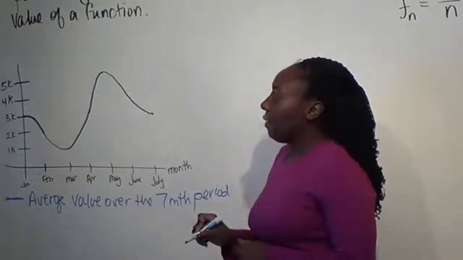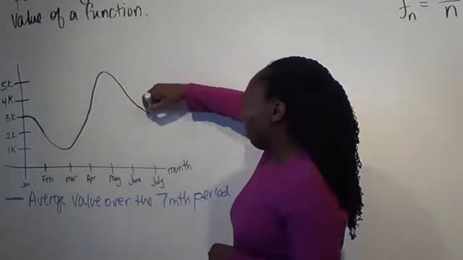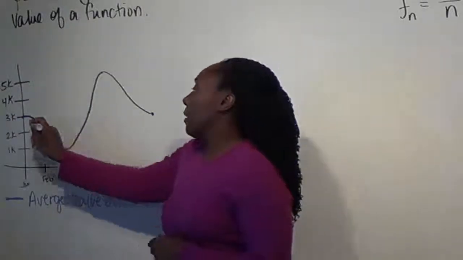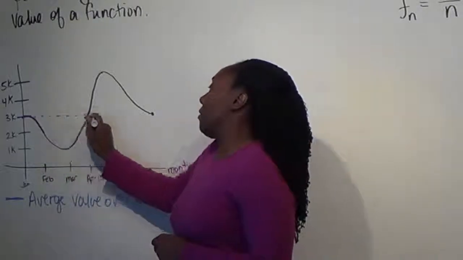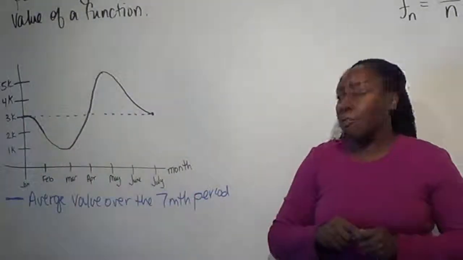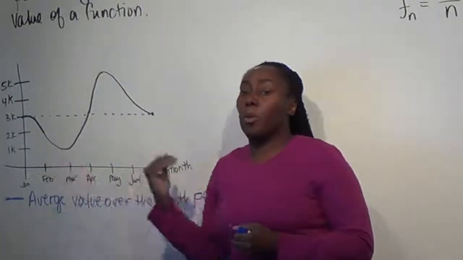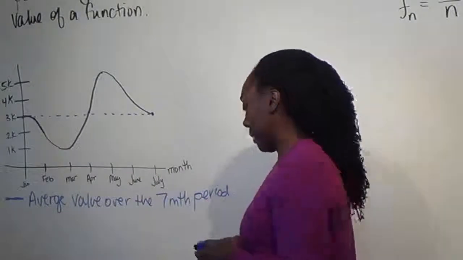Okay? And again, all that's saying is if I look from January all the way out to July, the average height of the function is designated by that average rate of change.